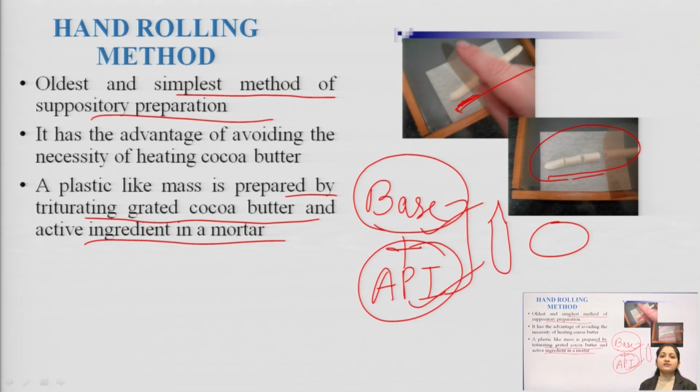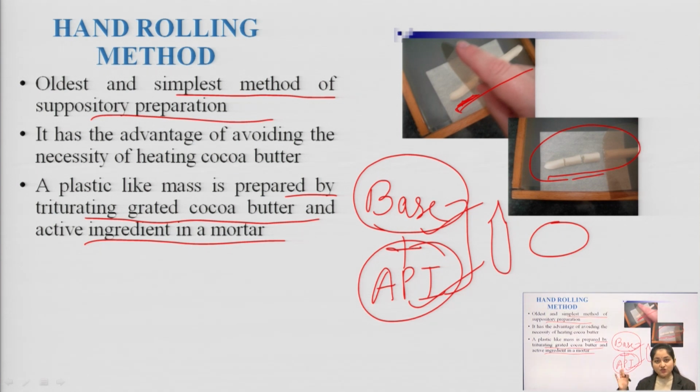Hand rolling is the oldest and traditional method which was used to prepare suppositories. This method is not in much practice nowadays, because as you know, we now have so many sophisticated instruments and machineries all over the world.